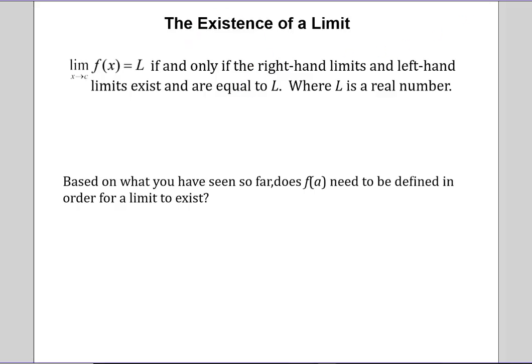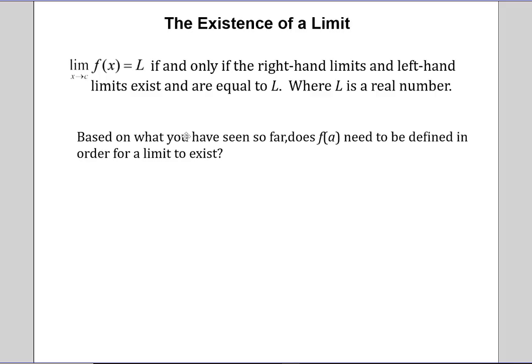And then this is the existence theorem. The existence theorem says the limit as x approaches c of some function f of x is a real number if and only if the right-hand limit and the left-hand limit are equal to that real number.